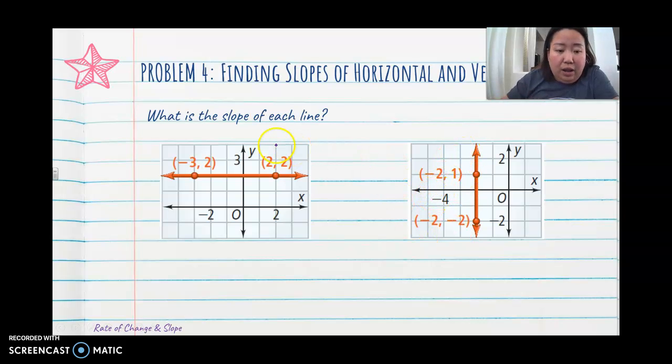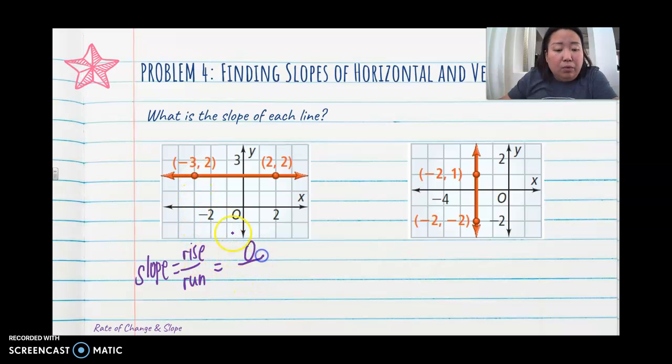Given that we have the graphs of our lines, we have to identify the slope, okay? Remember, slope is rise over run. If we take a look, from this point on the left, we have to go to this point on the right. Do we have to go up or down? Neither. So we did not go up, we did not go down, so our rise is basically 0.